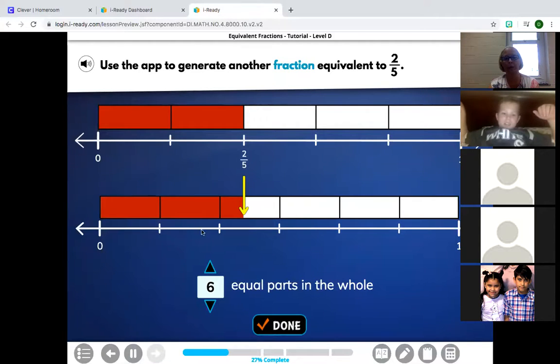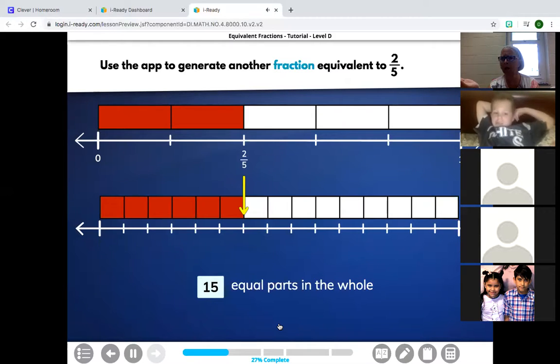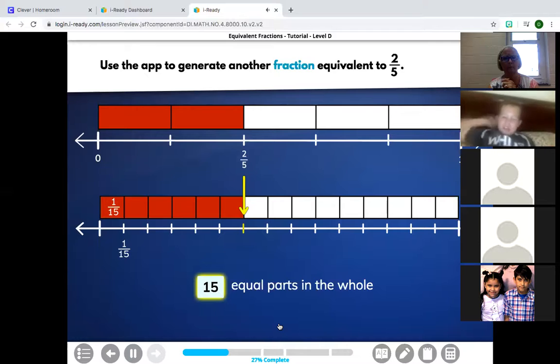Okay, so look, we have 1, 2, 3, 4, 5, 6. So we broke it into 6 parts. Let's try the 6, okay? If we divide the whole into 15 equal parts, each part is 1/15. And this fraction is at the same point on the number line as 2/5. Okay. There's multiple choices for all of them.